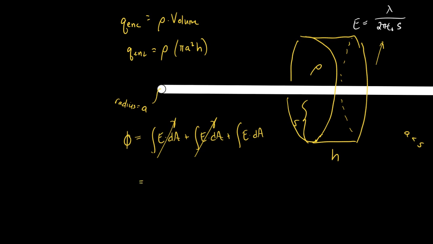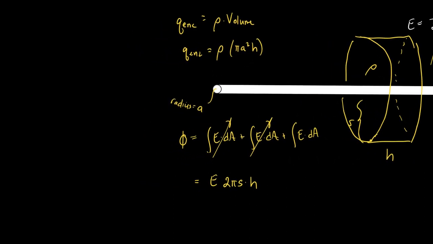And so that's going to be E times the area of the outside of a cylinder, which we all know to be 2 pi s times h. I have to use s here, right? This is where the 2 came from. Have I done anything weird yet that's not already something we've done?